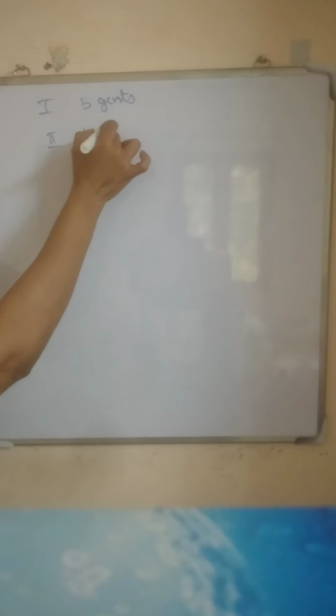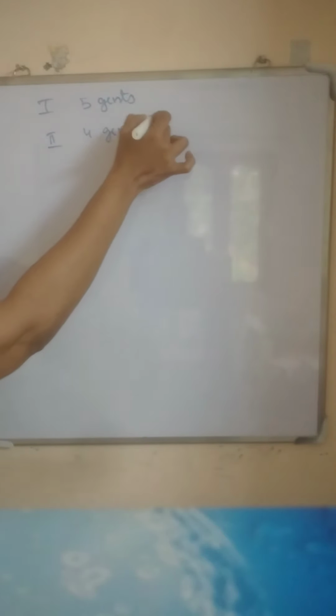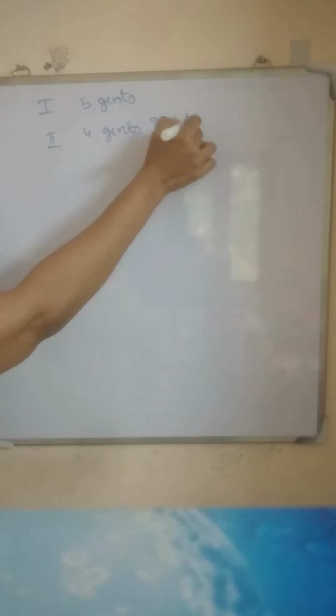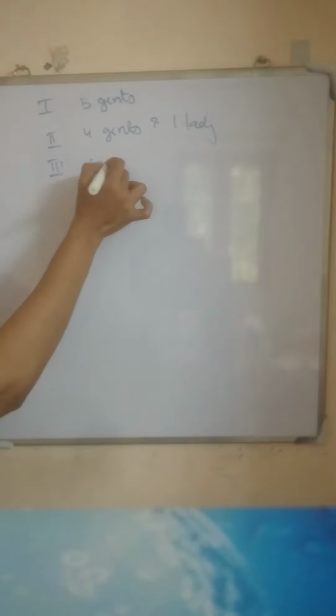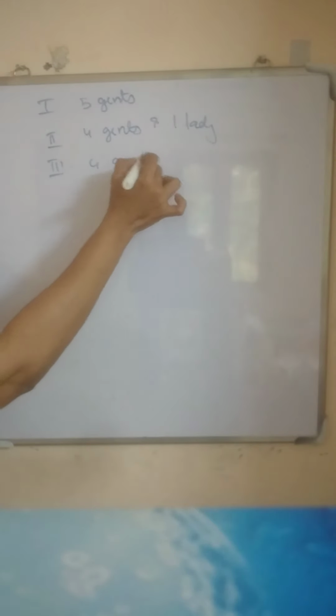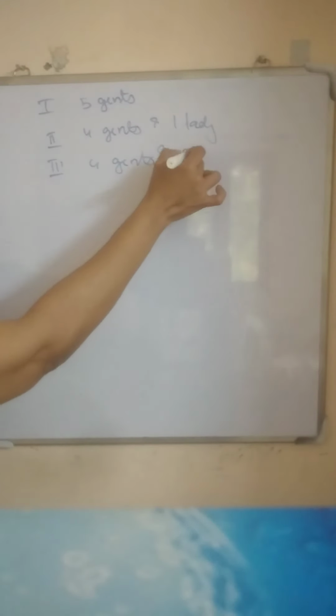Or we can select 4 gents and 1 lady. Or we can choose 4 gents and 2 ladies. That is the possible way of selections.